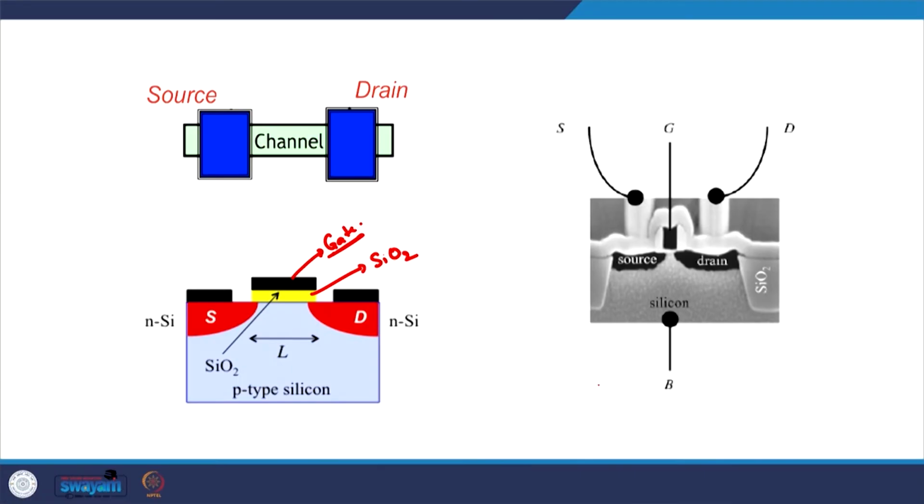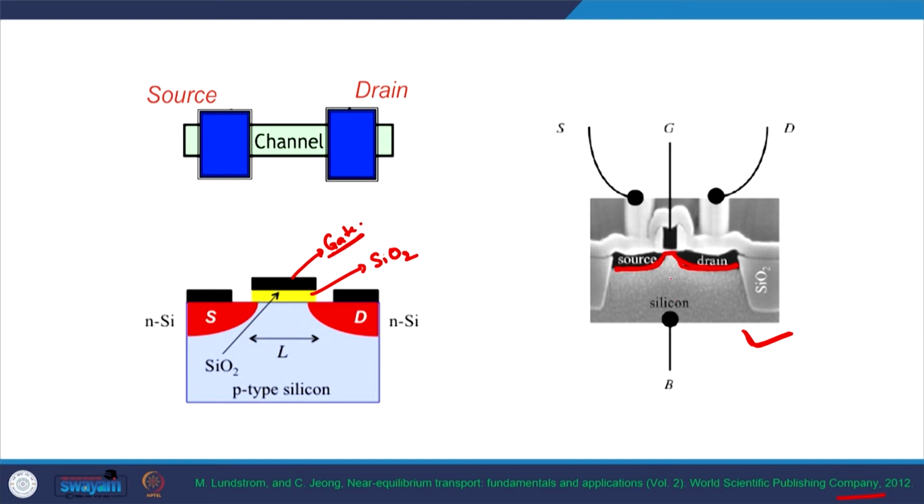And this is a typical picture of a real MOSFET. This is how a real MOSFET actually looks. This picture is now quite old, around 7-8 years old, or maybe around 10 years old, and is taken from this reference. Here we have the source contact and the drain contact, these are heavily doped contacts, and in between there is a very small channel region.